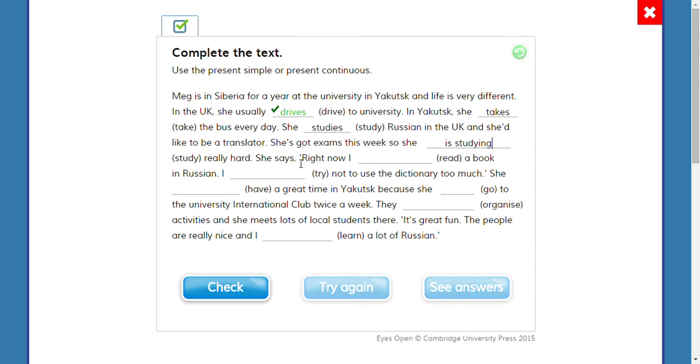She says, right now, I'm reading a book in Russian. No? So, I'm, yes, I'm trying, I'm trying not to use a dictionary too much.